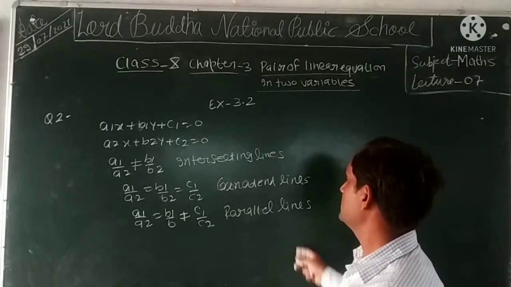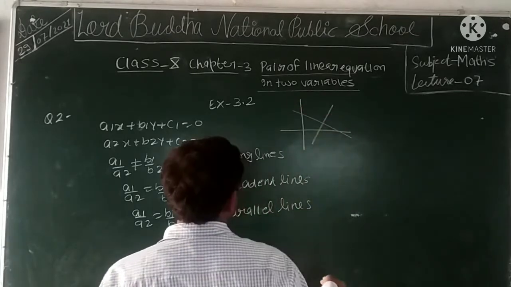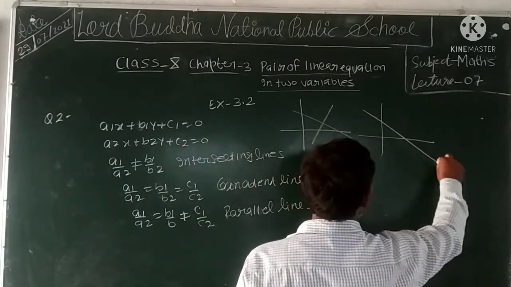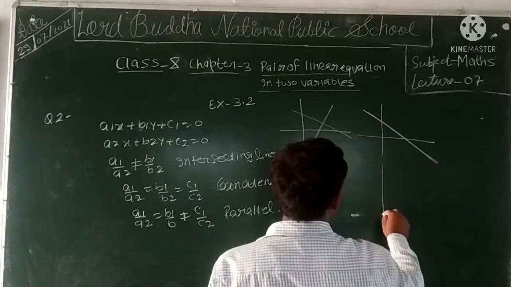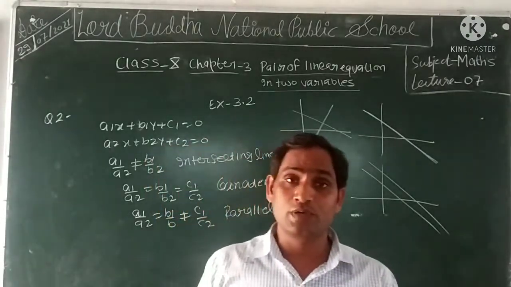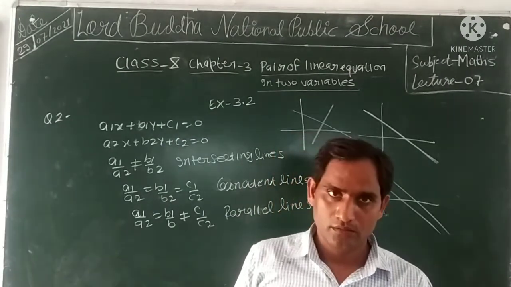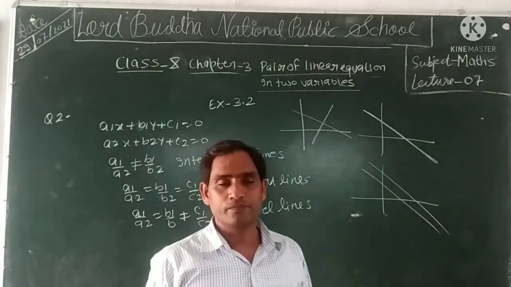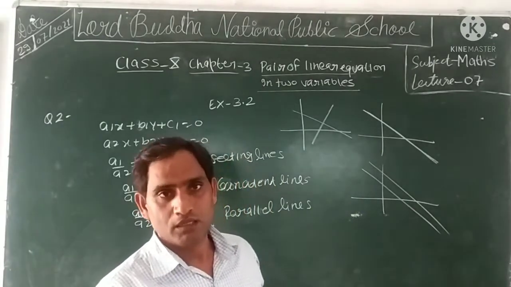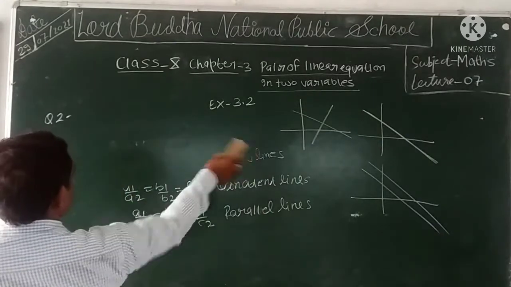And if A1 upon A2 equal to B1 upon B2 but not equal to C1 upon C2, then it will be parallel lines. So we have a pair of linear equations and we have to find out whether their graph will be intersecting lines, coincident lines or parallel lines. Now we see them one by one.